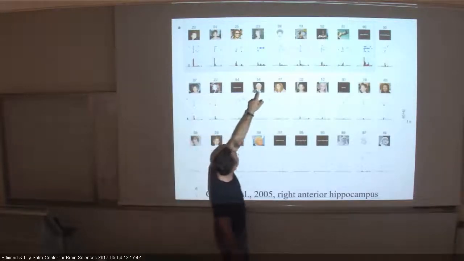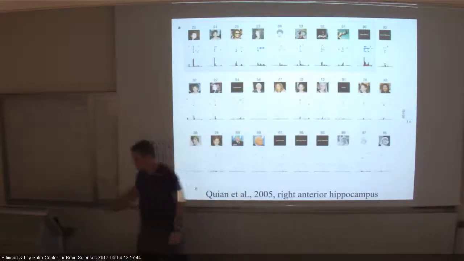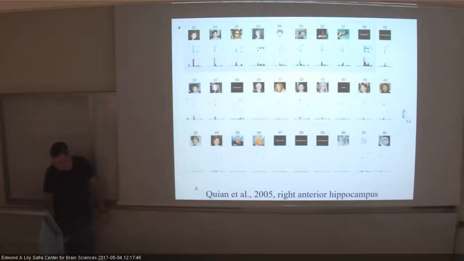So you see a drawing of Halle Berry. Just a sec. What was the question? Yeah. This is a different neuron in a different brain region. This is right anterior hippocampus. That was a neuron in a different region.